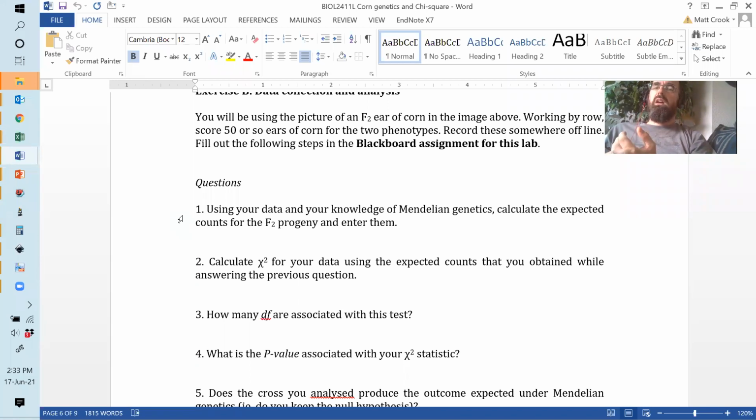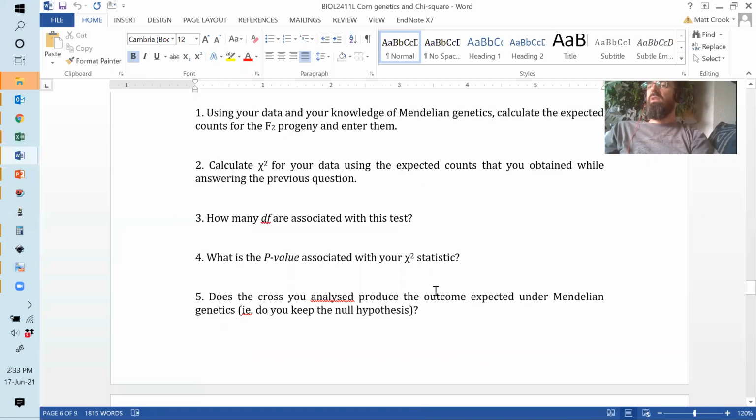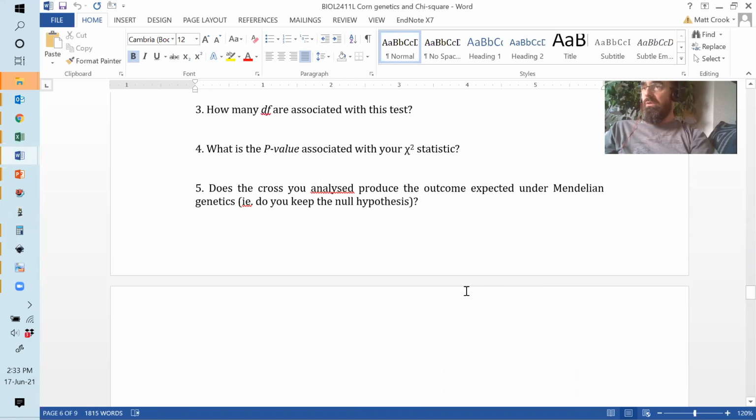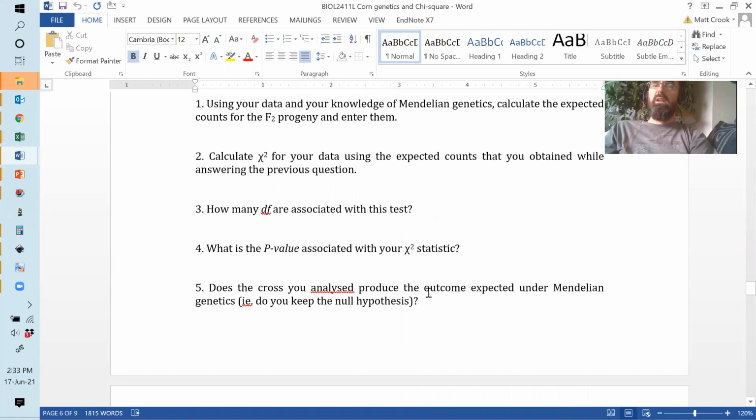You need to calculate a chi-squared value, using the equation further up, or what we covered in class. Give me the degrees of freedom, p-value, and then a brief: did that do what you thought it would do? Did your observed data match your expected values?